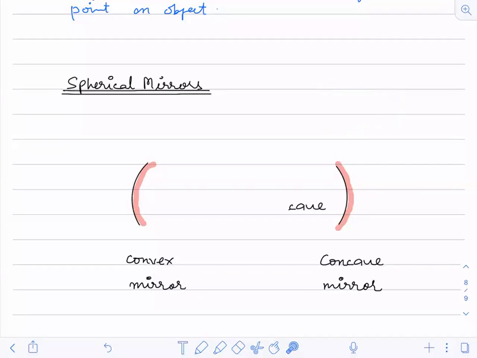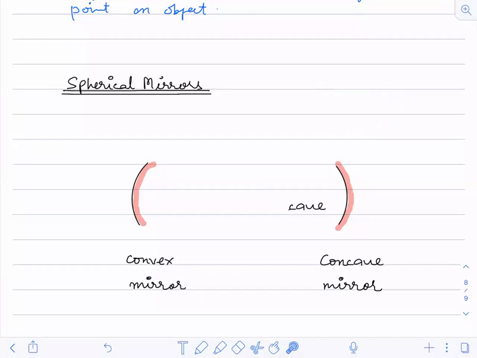The reflecting surface is this. So that will be called concave, and the other one will obviously be convex. This is the way you can remember it, and you will never forget. Otherwise you will have a problem knowing which one is convex and which one is concave.